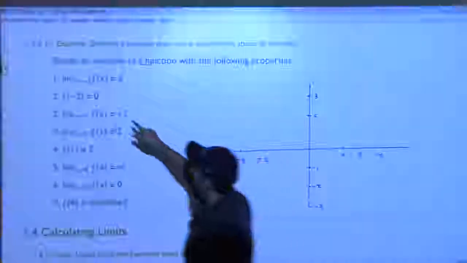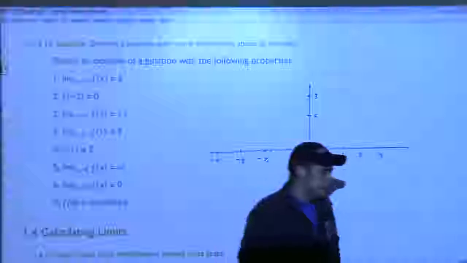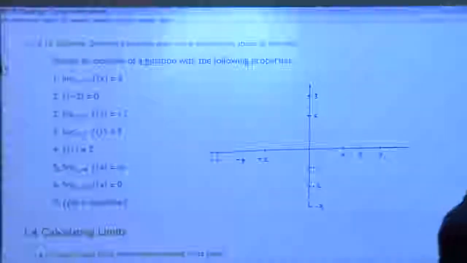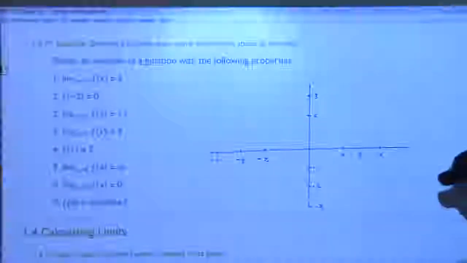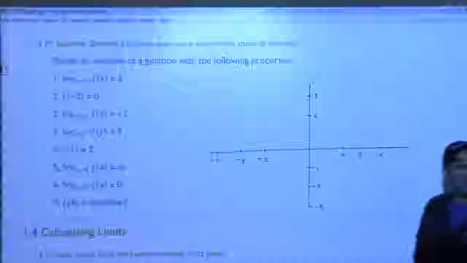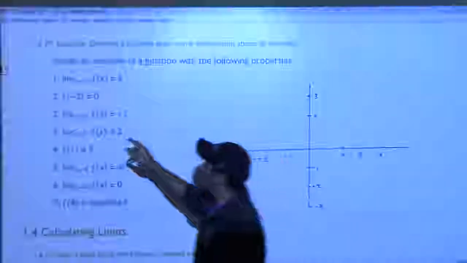So after we're done drawing, better pass that test. All right, so let's start out here. The first condition is that the limit as x approaches -2 of the function must be equal to 3. So what does that mean? You're coming in from the left side.